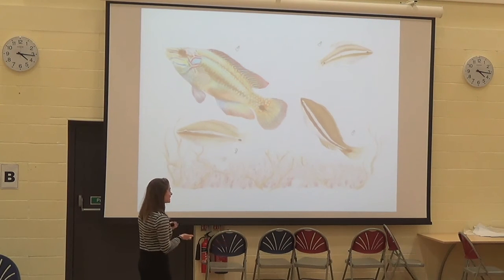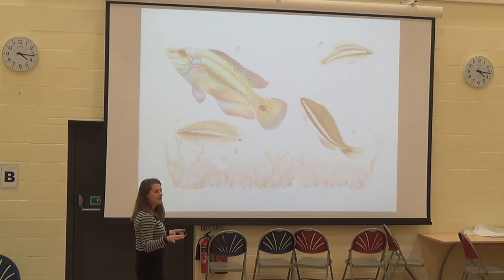And you can see that really nicely in the ocellated wrasse. So this is the female here, and these are all males. They all produce sperm. So this is a male called a nesting male.